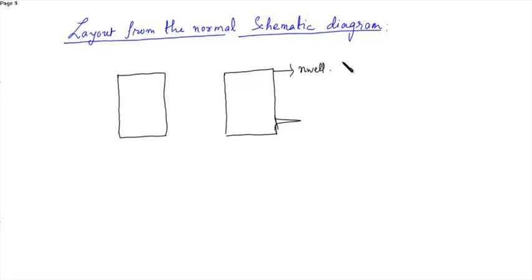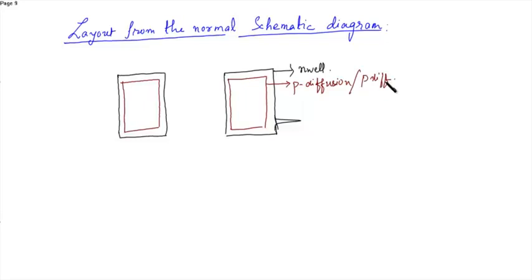Now next we have the P diffusion layer, which is brown in color. This is the P diffusion layer. We write the P diffusion layer as pdiff in the commands in Magic.